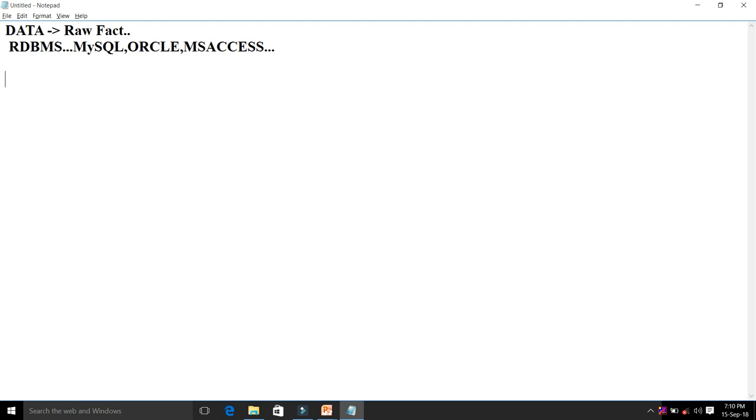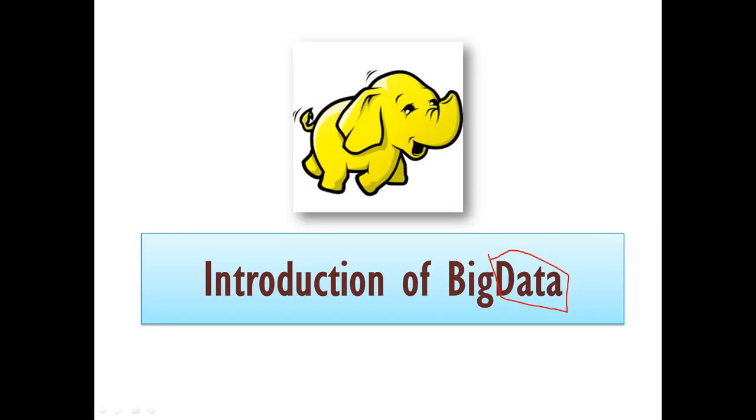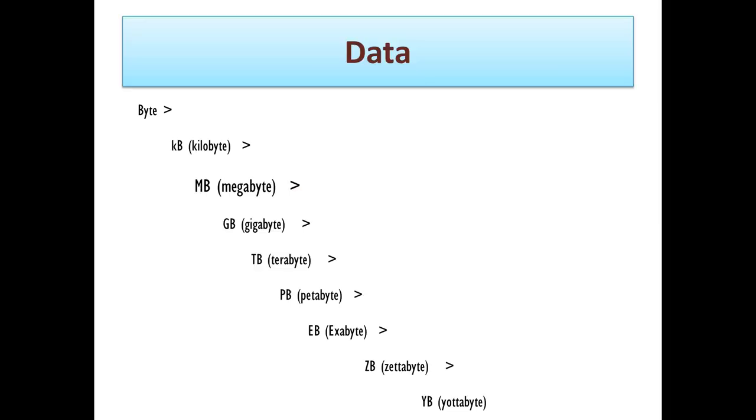Now it should be very clear how much data we are able to store. Data is measured in bytes, kilobytes, megabytes, gigabytes, terabytes, petabytes, exabytes, zettabytes, and yottabytes. These are the different kinds of data storage capacity.